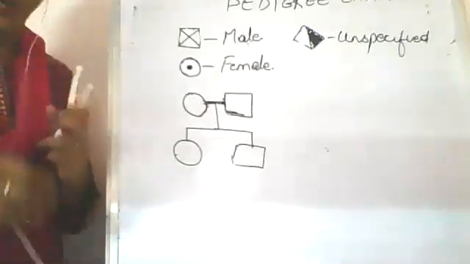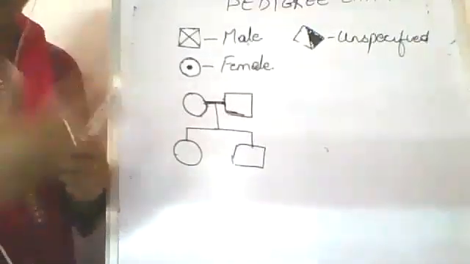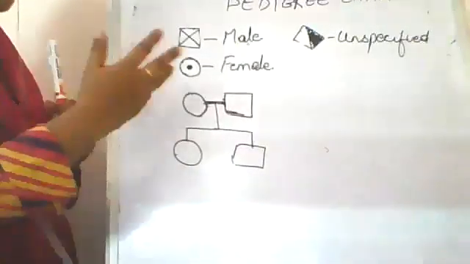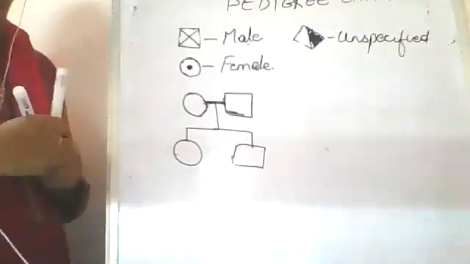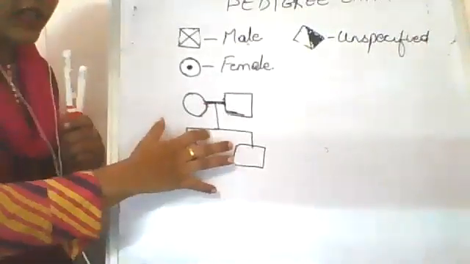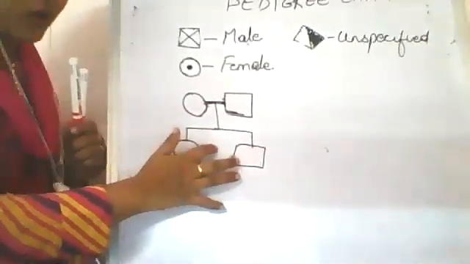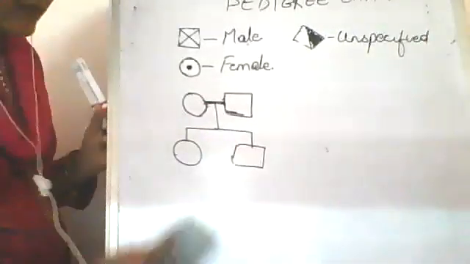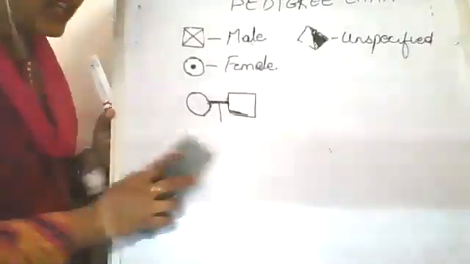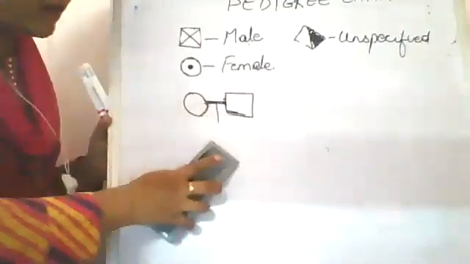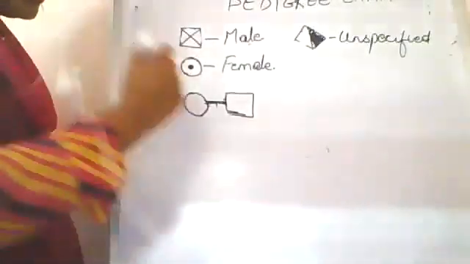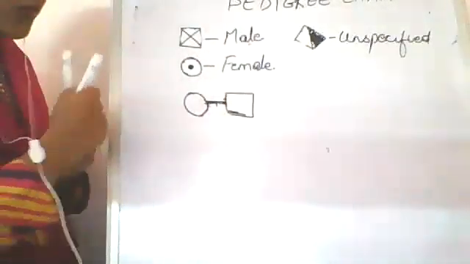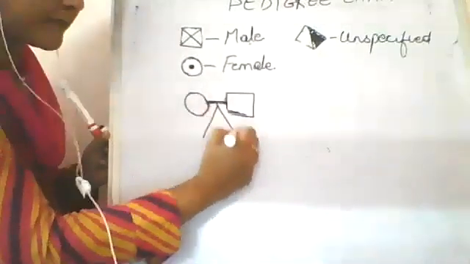Now let's proceed. What are the other symbols that we use? 2 more symbols we have to discuss. First, suppose they were twins, if I have to draw, suppose this male, this female. So how will I show these twins? I will show them like this.